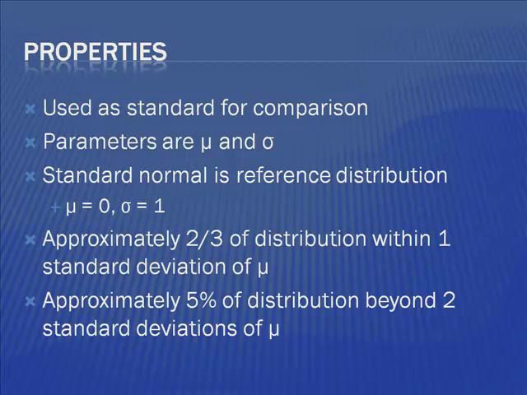So that's the normal distribution, used as a standard for comparison, and it's one of the distributions we'll consider whenever we look at data to see if it appears as though our data might fit a normal distribution.